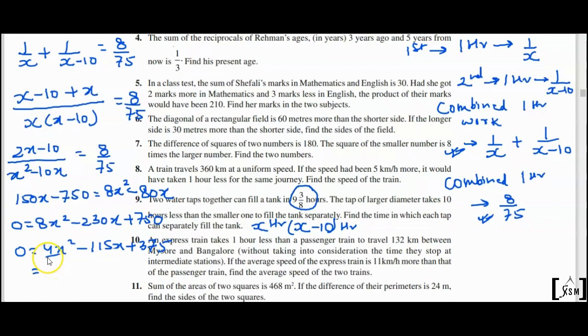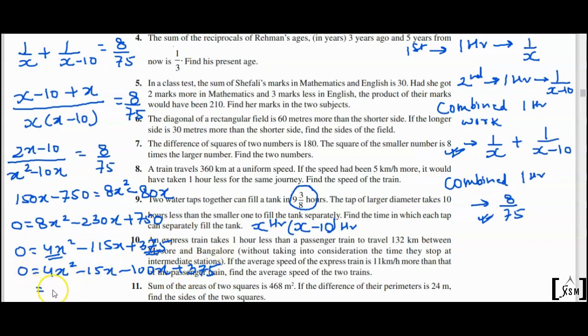First of all, we multiply this number with 375. So 4 times 375 would be 1500, and 1500 would be 15 and 100. So the splits are 100x and 15x. So 4x square minus 15x minus 100x plus 375 equal to 0, right?